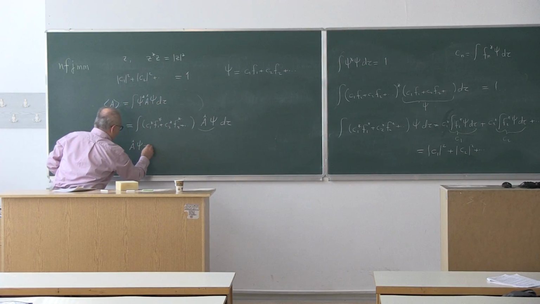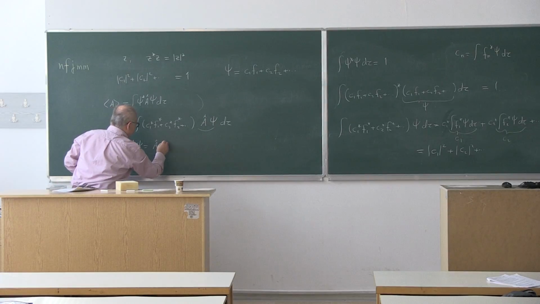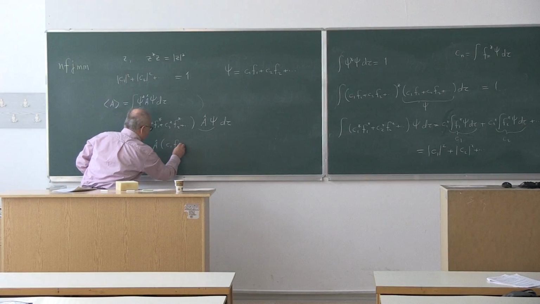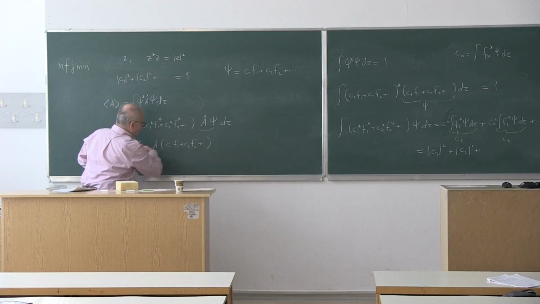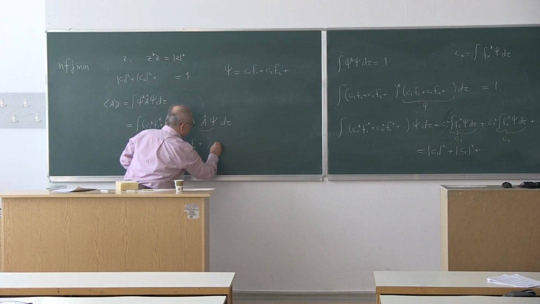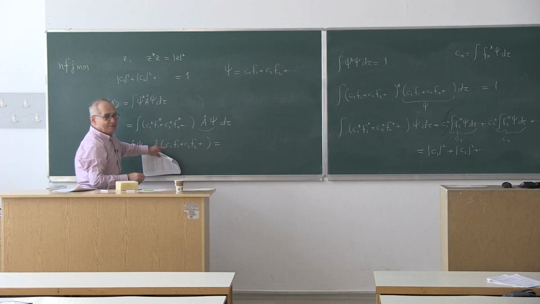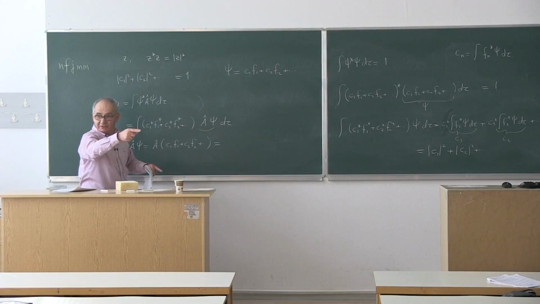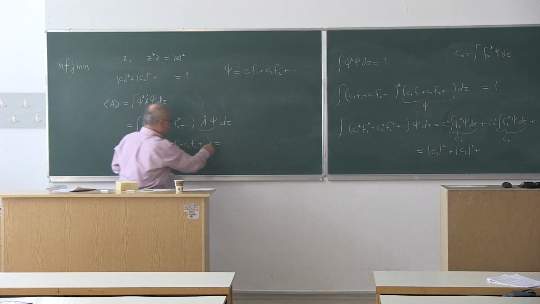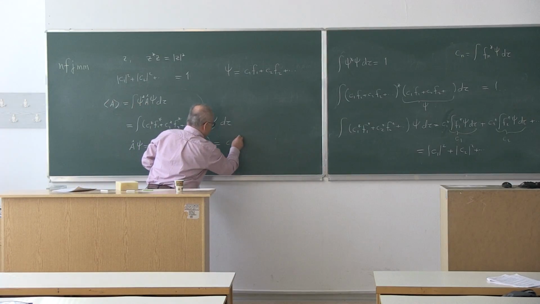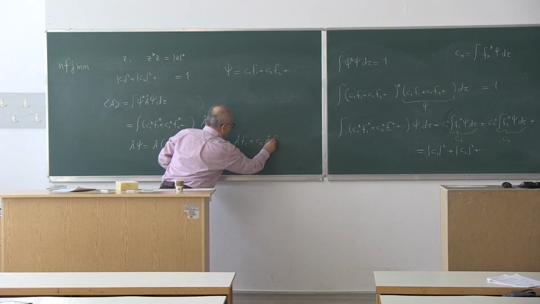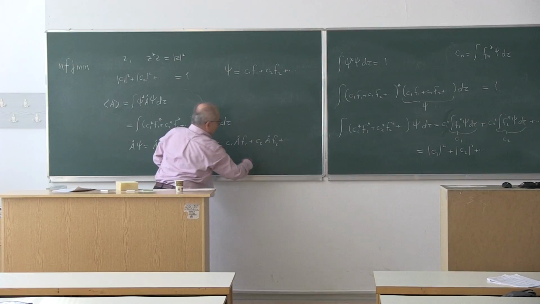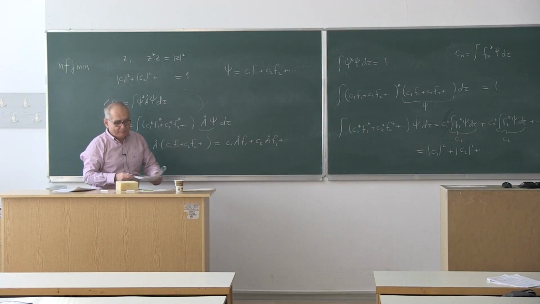A psi equals A times C1 F1 plus C2 F2. Now we operate inside. Operators don't do anything to constants, remember. So all the coefficients can be factored: C1 times A F1 plus C2 times A F2, and this continues like that.